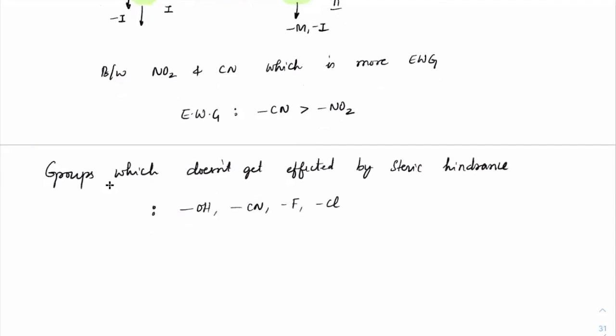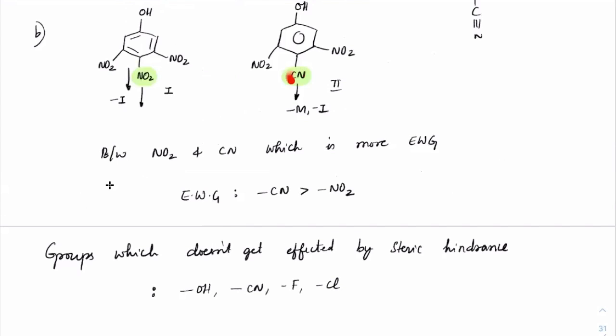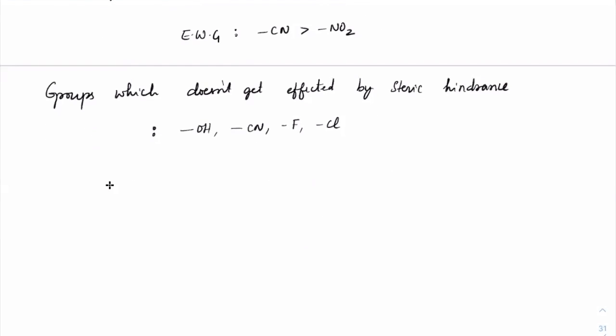These groups, when you have them at these bulky ortho positions where there are a lot of bulky groups, they don't get affected. Their +M, -M, -I will continue to happen.